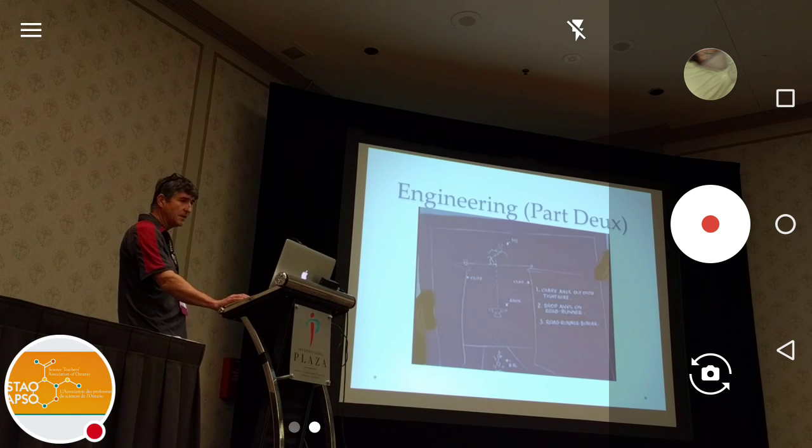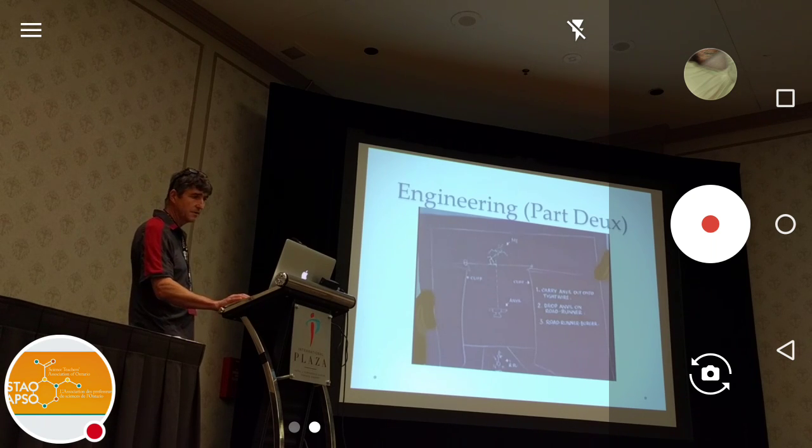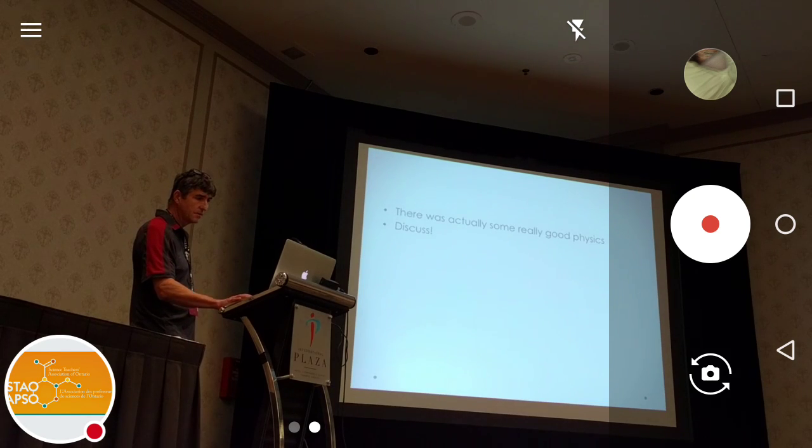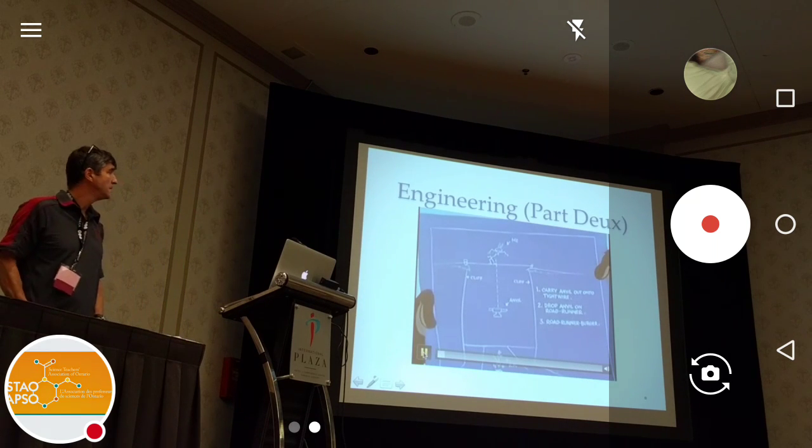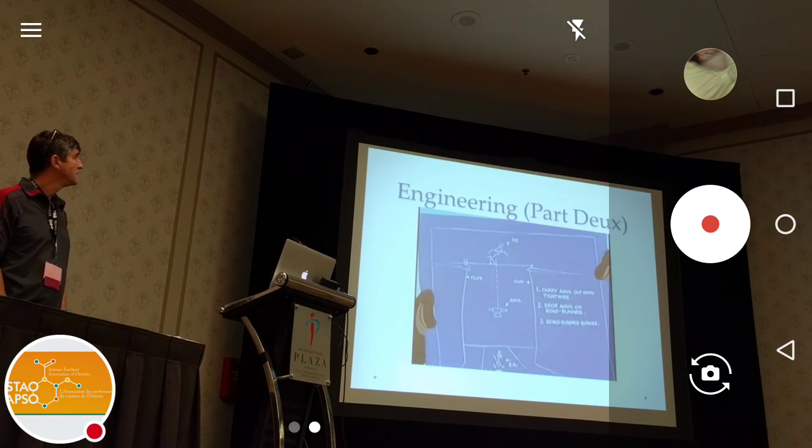There's another engineering one. Actually, I like this one. This would be even better if I showed it to you. It's dropping an anvil on the Roadrunner.